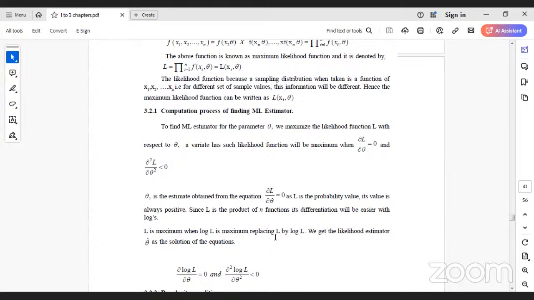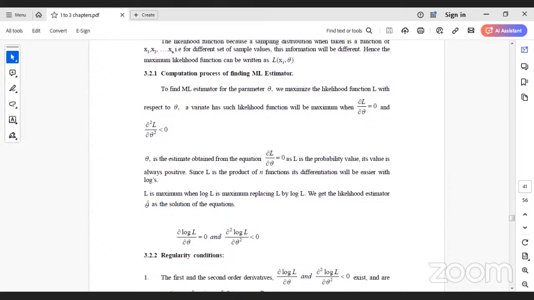So L is maximum when log L is maximum, replacing L by log L. As a probability value, L is always positive, and since differentiating the product of n functions is easier with log, when log L is maximum, the estimated theta is the solution of the equation d log L by d theta equal to 0.